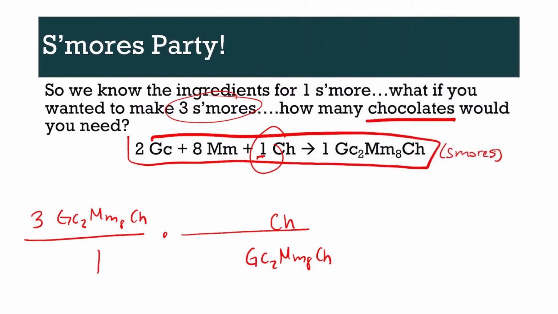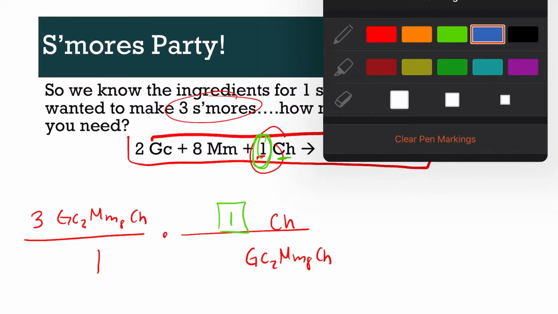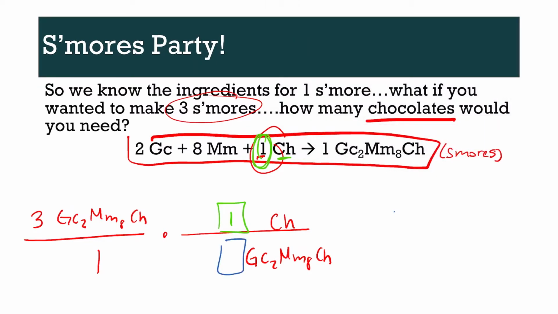But let's look at the numbers. What number goes here? Here's where the balanced equation comes into play. You have 1 in front of chocolate, so that number comes there. And then you use the coefficient for this one, which is also 1.